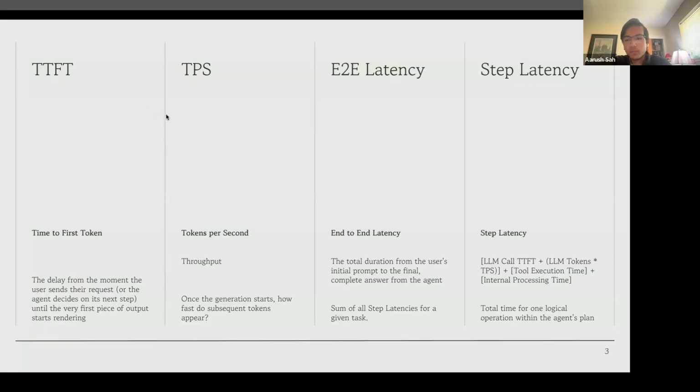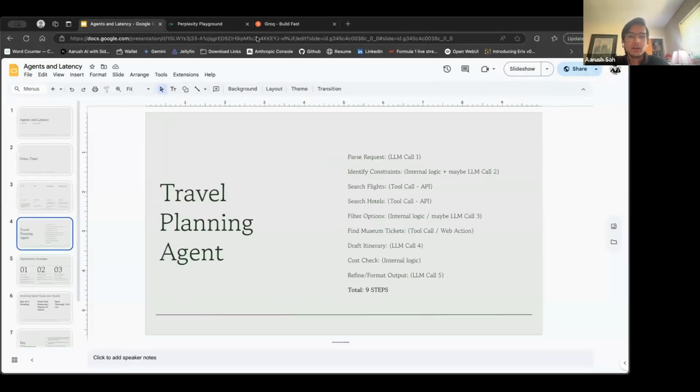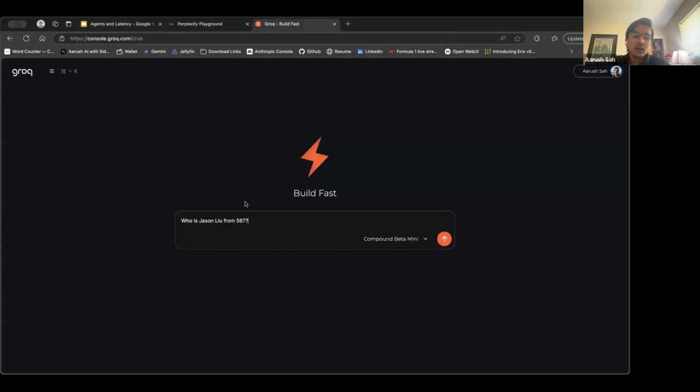So maybe we can do a little demo of what exactly I mean by these metrics. In case you guys don't know, we at Groq recently built an agent system called Compound Beta, which basically integrates web search and code execution into the actual LLM call.